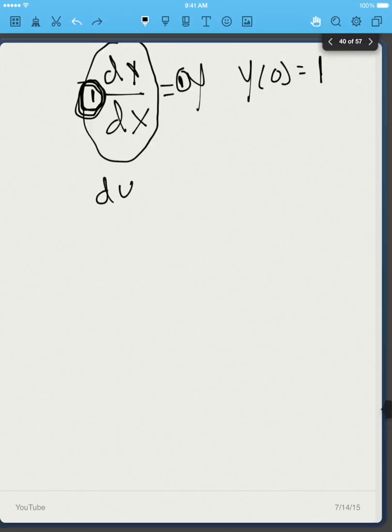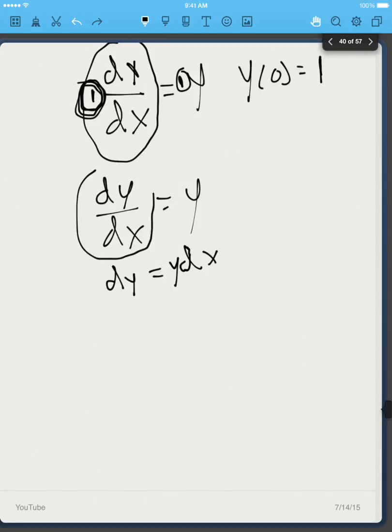So if I look at this, dy dx equals y, and I multiply both sides by dx, this step is interesting because it seems like I treated this like a fraction, but it isn't. The reason why you can do this is because derivatives are a limiting process.